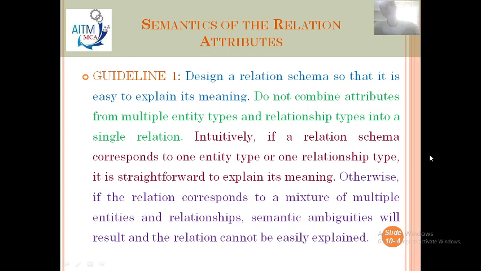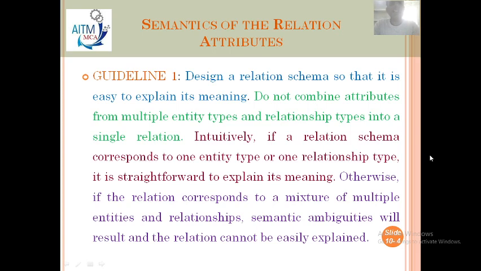See here now, this is the guideline. This complete slide is the guideline for the first one. The meaning is that design a relation schema so that it is easy to explain its meaning. You design the relation in such a way that its meaning can be easily explained.